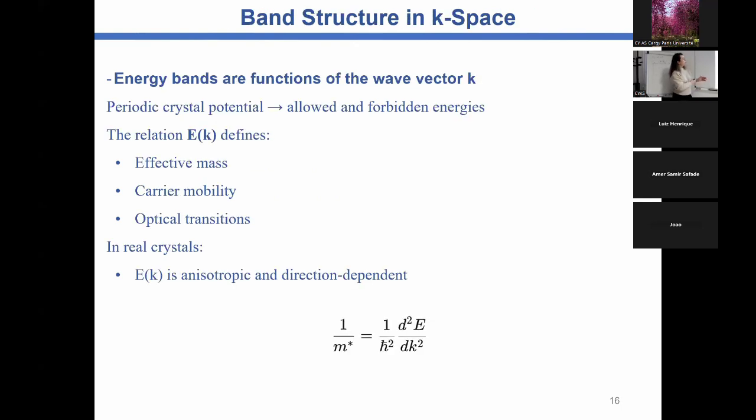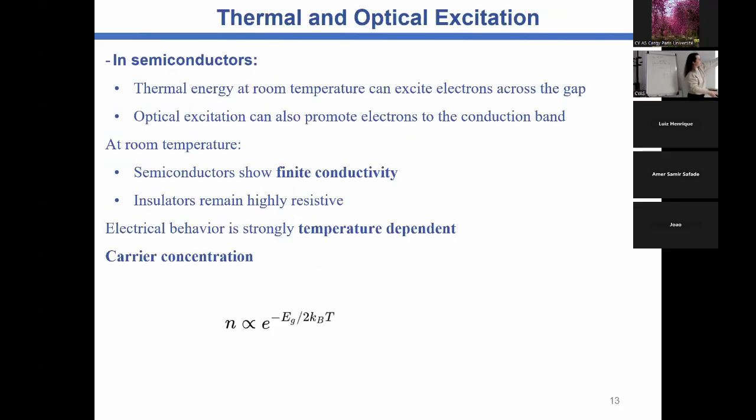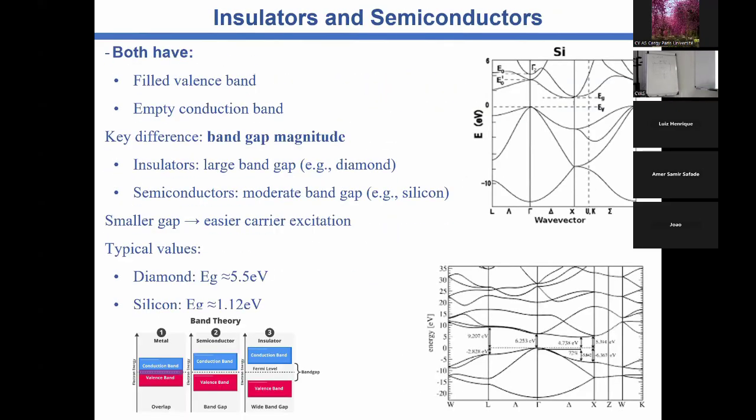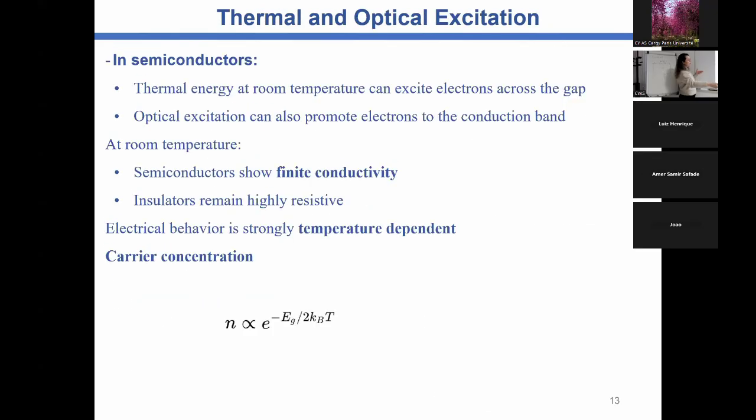So in terms of the structure that I told you, we saw that the density of states has a different shape with the atomic distance.